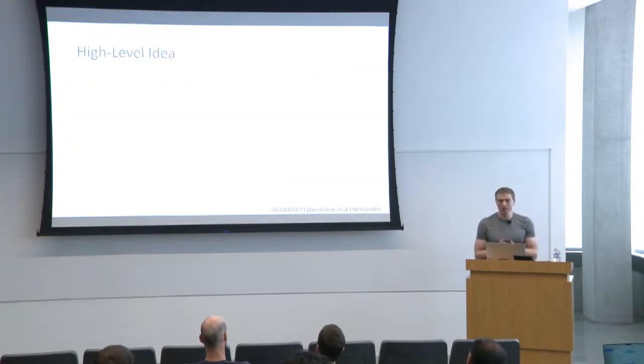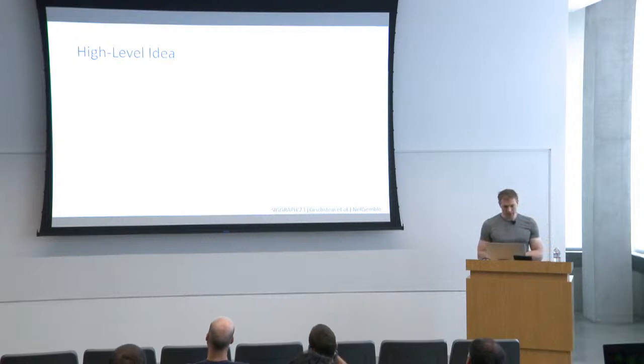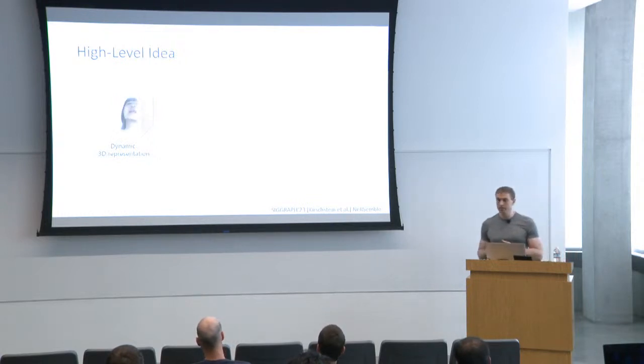So our high-level idea was very similar to what we had before for the geometry. We're going to start with a dynamic 3D representation based on radiance fields, right? So we have density and radiance that we store at every point in space, and we still wanted to encode it in an MLP.